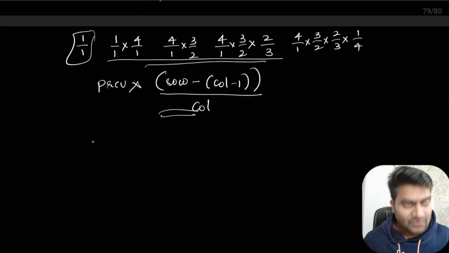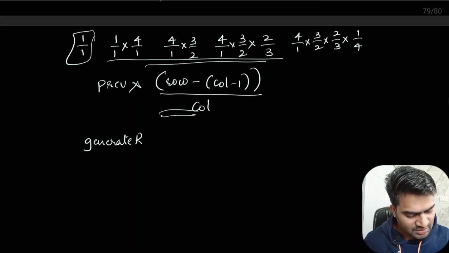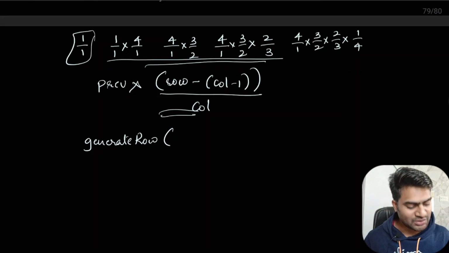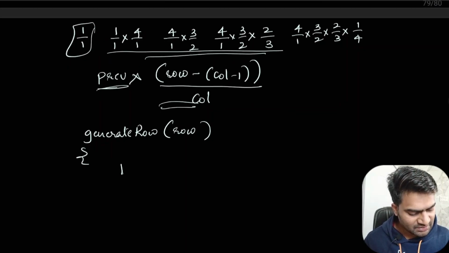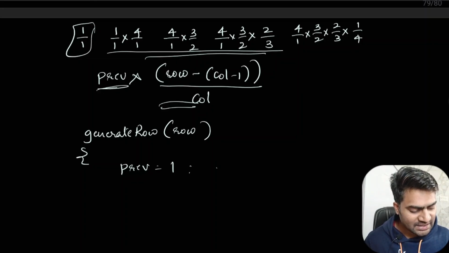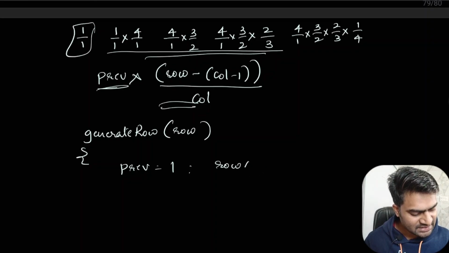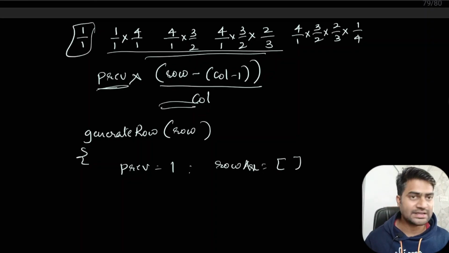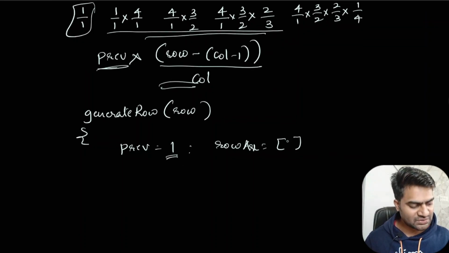Let us write a pseudo code for generating the row. Generate row, correct? It will take the row number. Now let us take previous value, and assume our previous value is 1, and our entire row will be some empty array, basically I will say row array, empty initially. Now I will push this 1 to row array, so I initialize my previous value with 1.